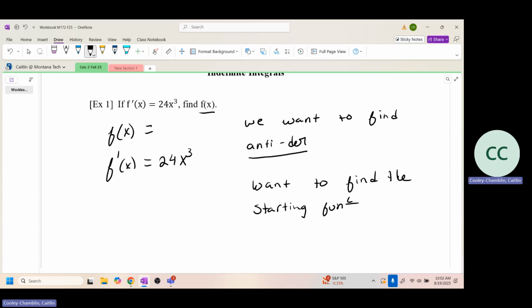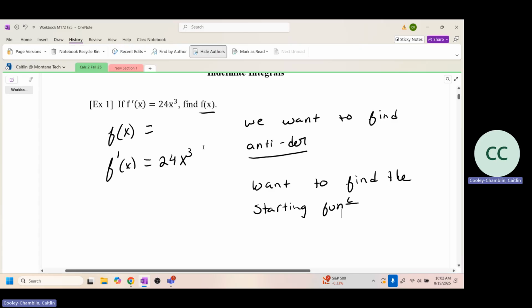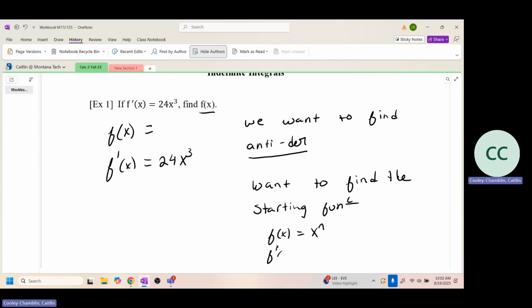Okay, so we have 24x cubed, and we know that our derivative rule says if I have f of x equals x to the n, then f prime of x is n times x to the n minus 1. That's just our basic derivative rule.